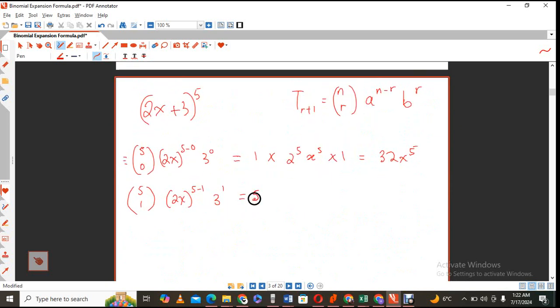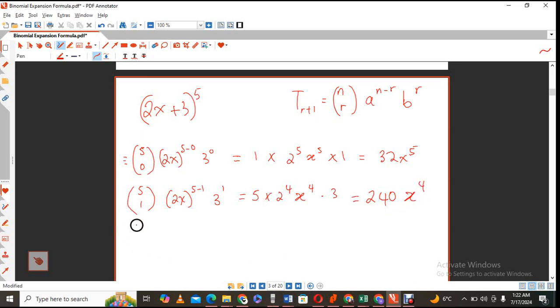And then 2 raised to the power of 4, x raised to the power of 4, times 3. You can just go ahead and clean it up: 16 times 5 is 80, 80 times 3 is 240. Then it's x to the power 4.